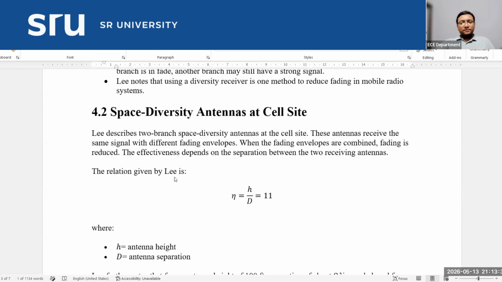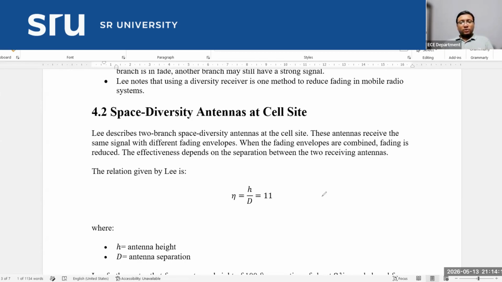Now let us come to the space diversity antennas at cell site. Space diversity means when multiple antennas receive the same signal with different fading envelopes. When these fading envelopes are combined, the fading is reduced. The effectiveness of the system depends on the separation between the two receiving antennas.